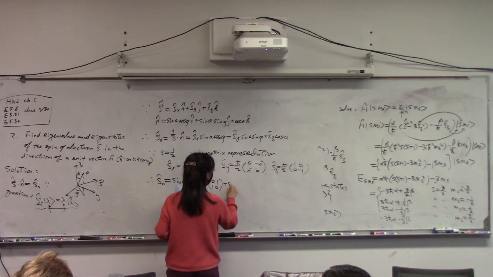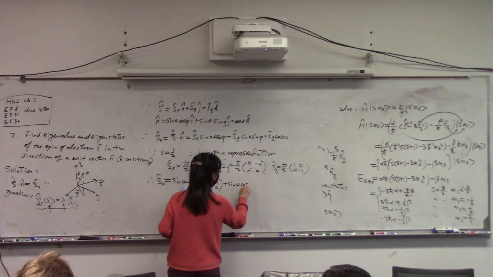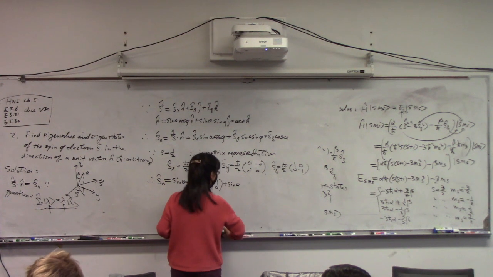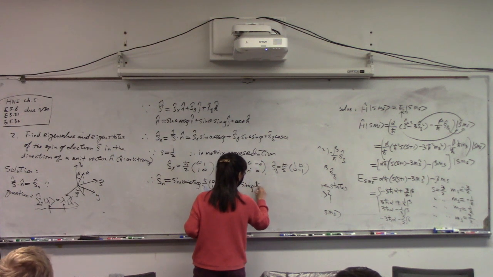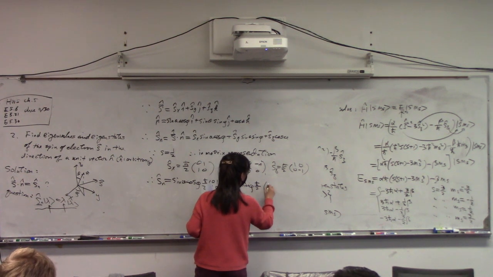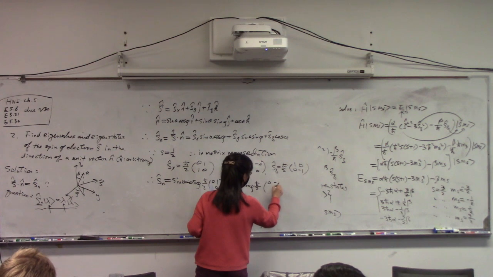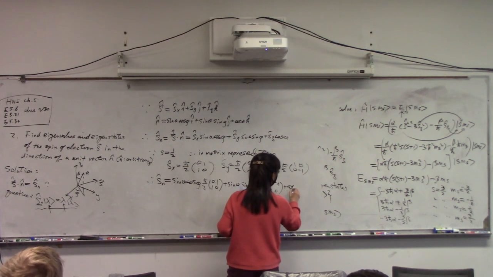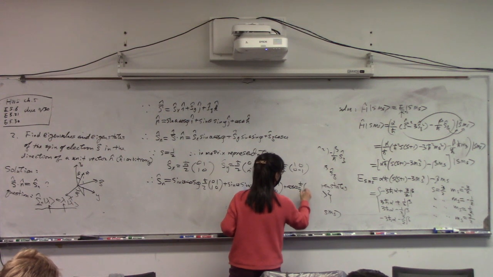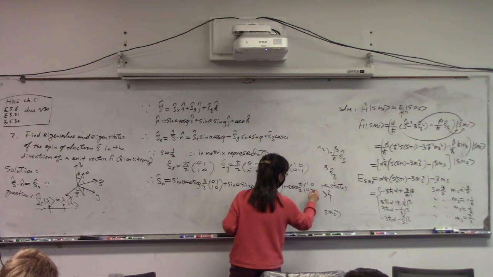So that is sine theta sine phi, half h bar, and then we put inside the matrix 0, minus i, i, 0, and plus cosine theta half h bar times the matrix 1, 0, 0, minus 1.